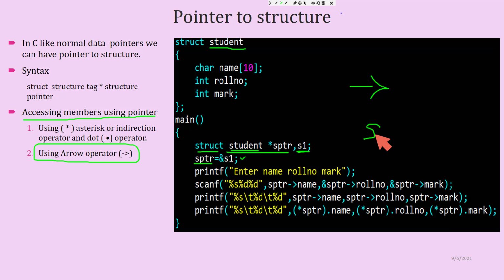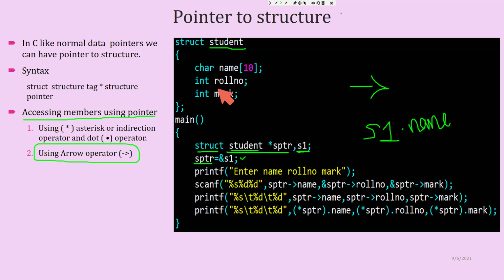Earlier we used S1 structure variable dot name. Here I am using a structure pointer to read and print data. So I have to use SPTR arrow operator followed by the member. This is the scanf statement. Since it is percent s, I didn't put any ampersand here.